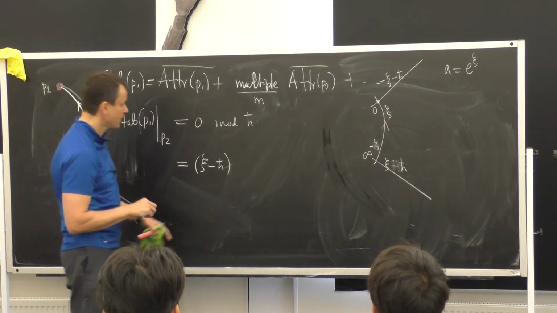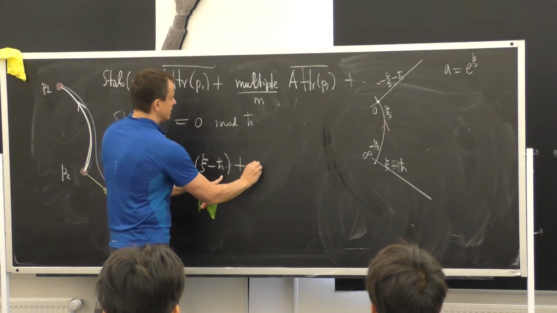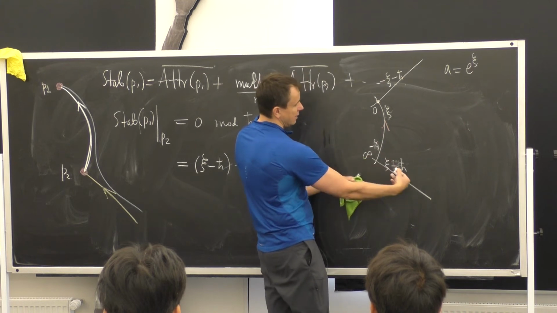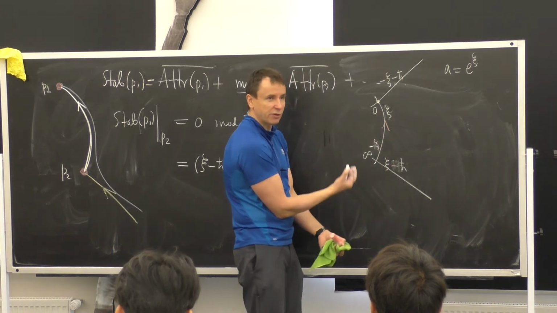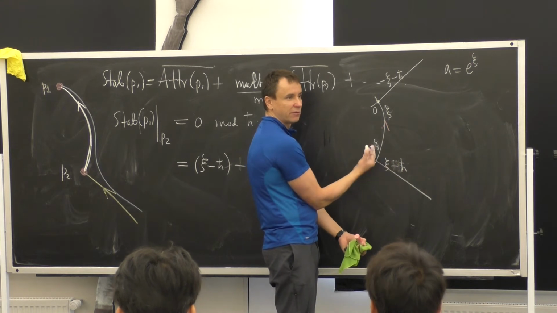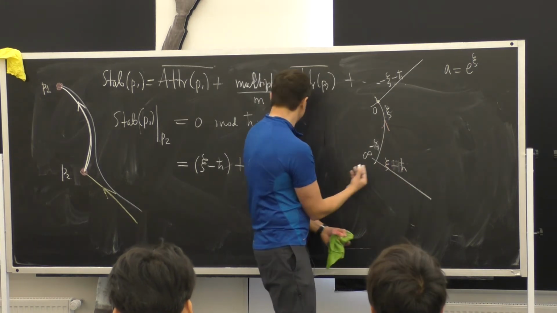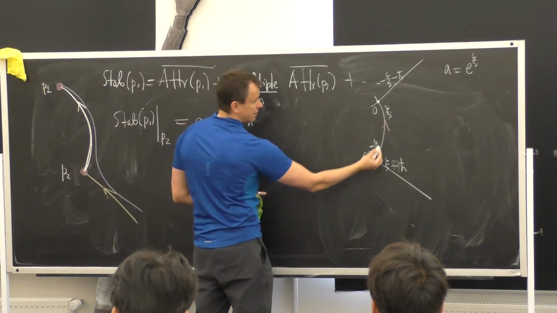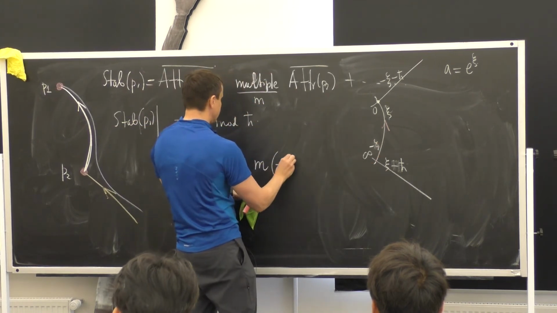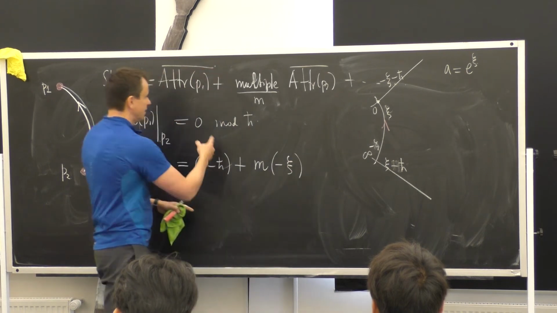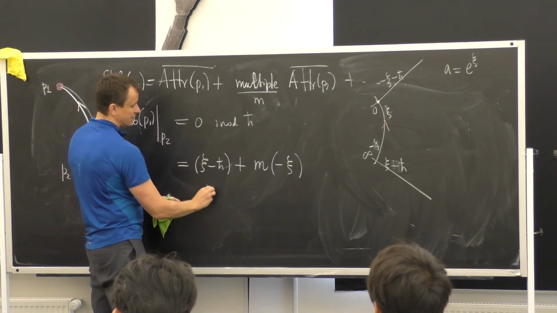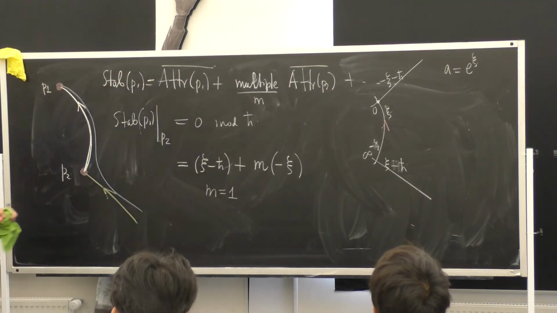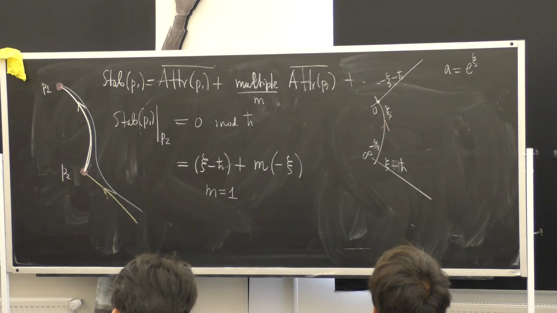And then plus this multiple, where the restriction of a manifold to a point is the product of all normal weights. So here the restriction of this is psi minus h bar, because that's the normal weight here, and here the normal weight is minus psi. And we see that this equation has a unique solution when m equals 1.